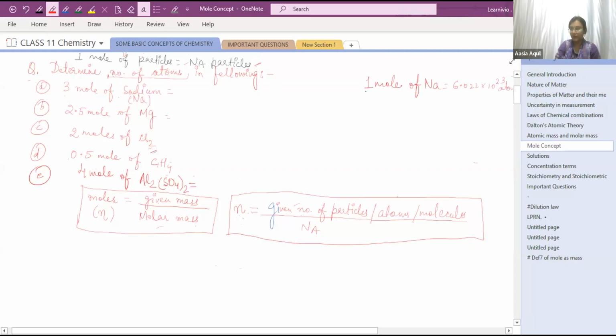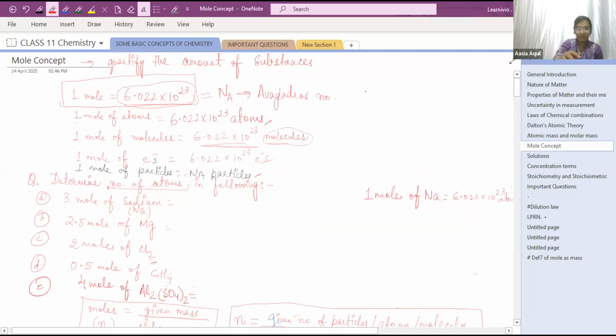In one mole, we just learned that now. 1 mole of any entity is equal to this Avogadro number, right? So in 3 moles of sodium, how many atoms will be there? So 3 into your Avogadro number, 6.022 into 10 to the power 23 atoms. Clear? So what is the formula?